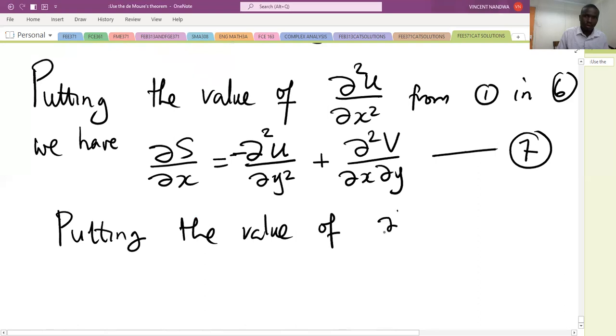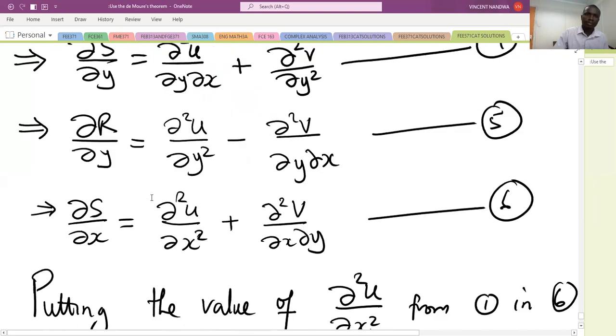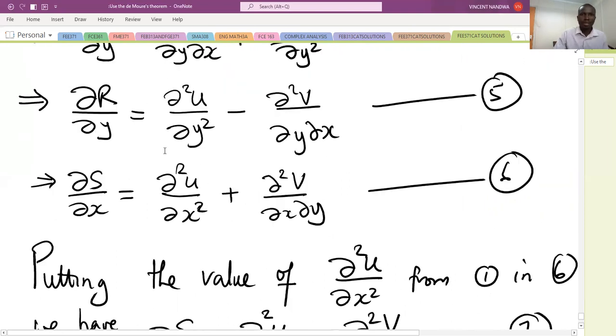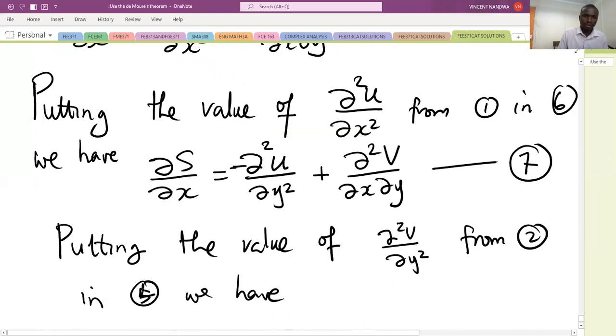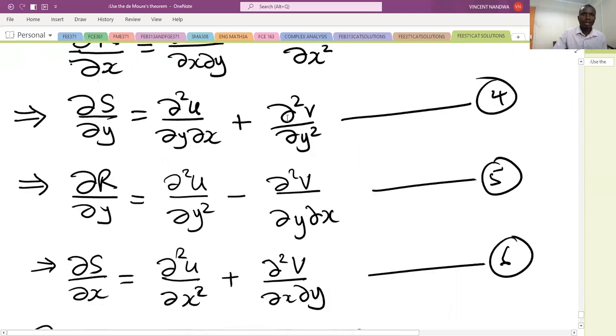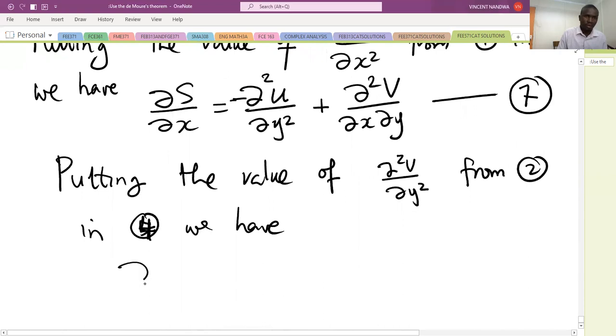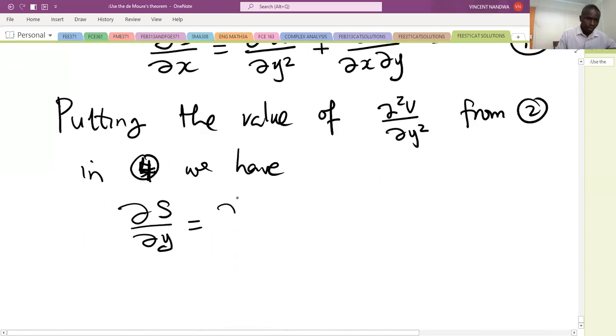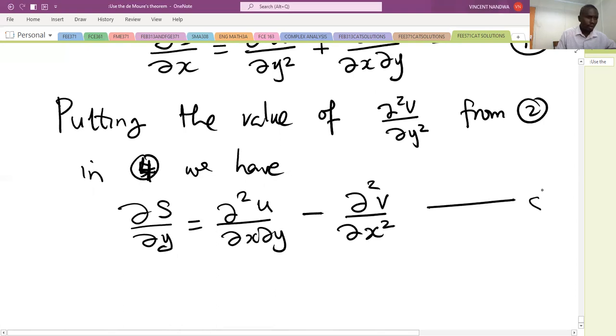Putting the value of ∂²v/∂y² from equation 2 in equation 4, we have ∂S/∂y given by ∂²u/∂x∂y − ∂²v/∂x². Call this one 8.